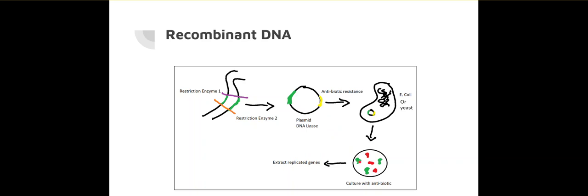And so you're left with just the ones that have the DNA that they're interested in. So this kind of acts like a host cell, if you will. We just kill off the ones we're not interested in. And then now you can bring out of there the replicated genes that are going to be identical to this section of the DNA.